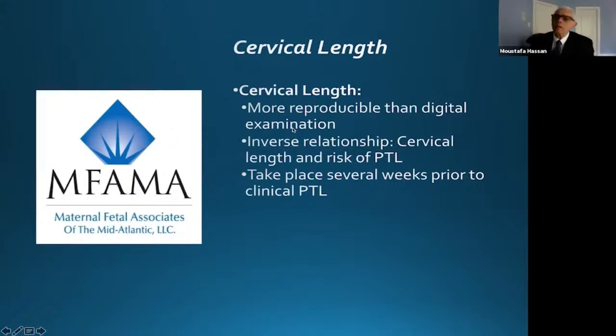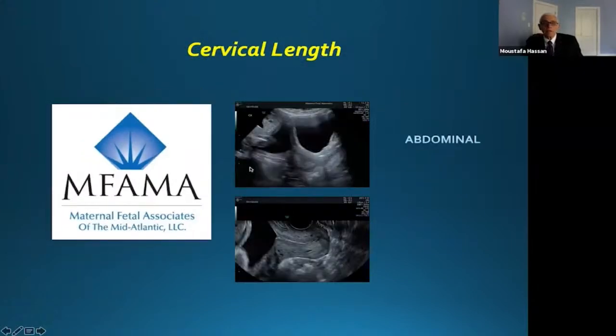A nice person who doesn't have big fat fingers can examine the cervix and say, oh no, this is 2 to 3 centimeters dilated. So cervical length is a cervical length. It's not going to be different between Dr. X or Dr. Y. Inverse relationship, cervical length and risk of preterm labor, we talked about that, takes place several weeks prior to clinical preterm labor. So I cannot emphasize the importance.